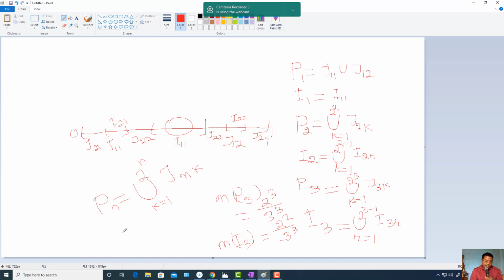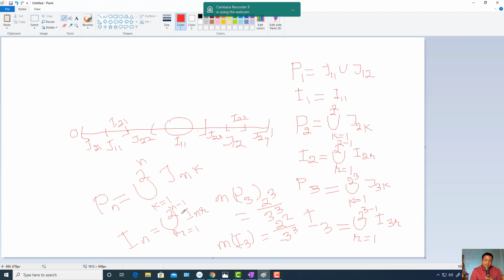Now, how about In, the removed open intervals? The total number of intervals, r running from 1 to 2 to the power n minus 1, and the name of the interval is Inr. So how many intervals here? 2 to the power n minus 1. How many intervals here? 2 to the power n. Each interval has length 1 by 3 to the power n.